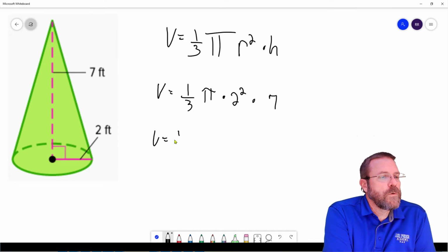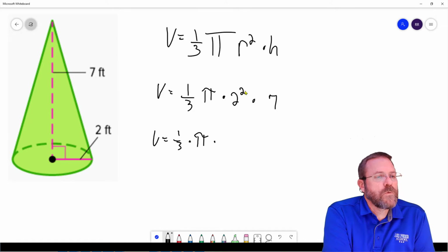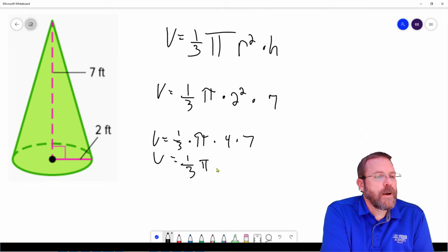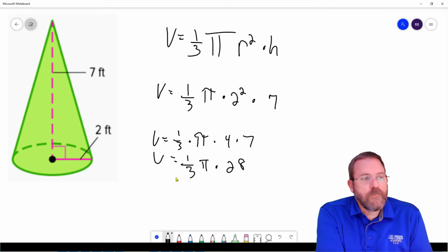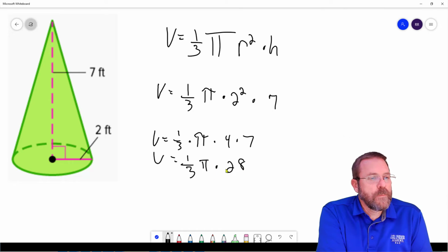Volume is equal to 1/3 times pi times 2 times 2 is 4 times 7, meaning the volume is equal to 1/3 pi times 28. I'm going to go ahead and multiply that 1/3 times the 28 now, but I'm not going to divide it all out yet.